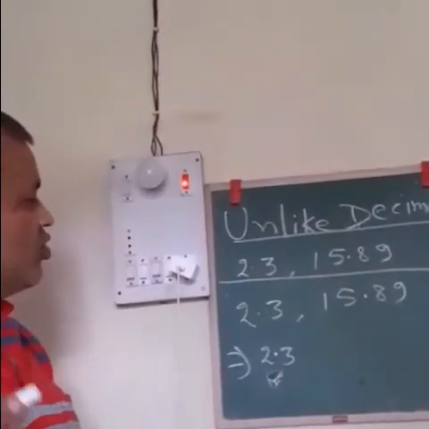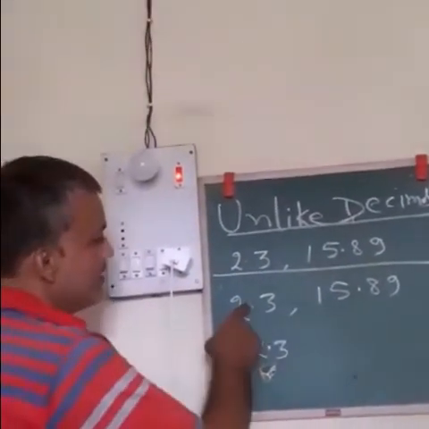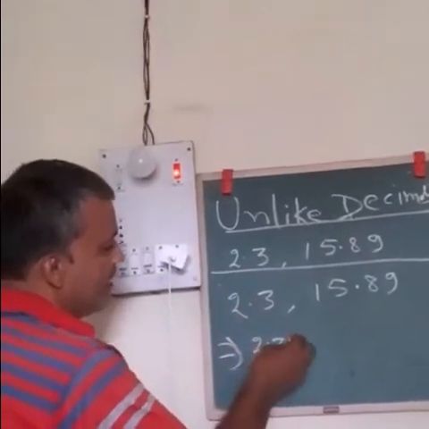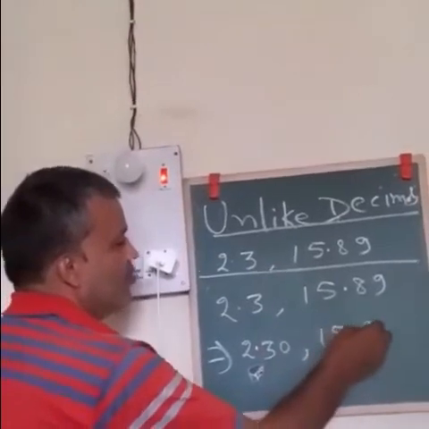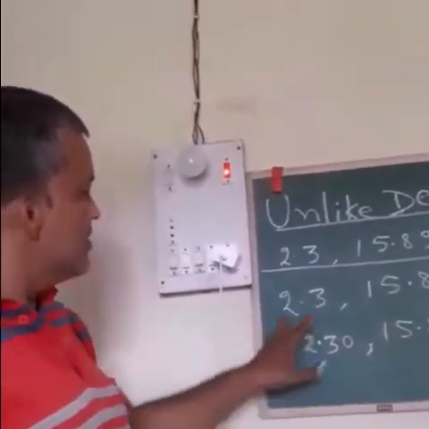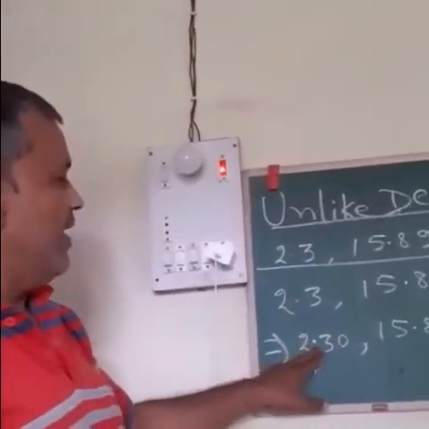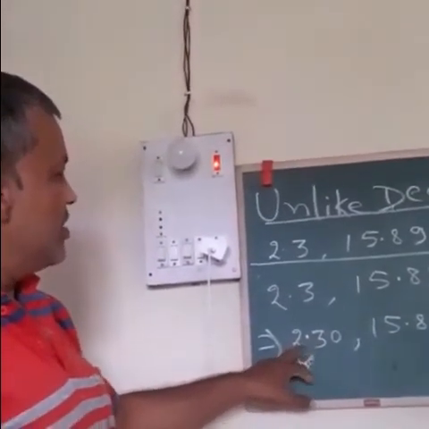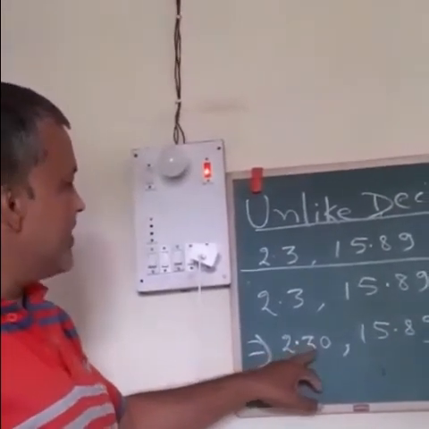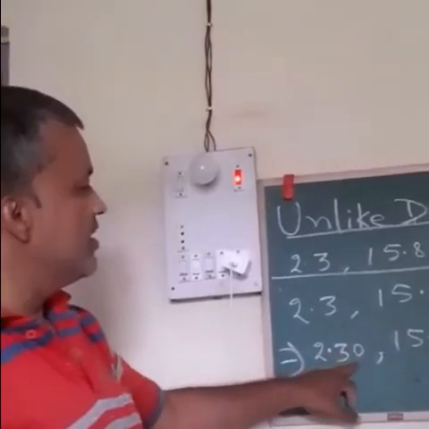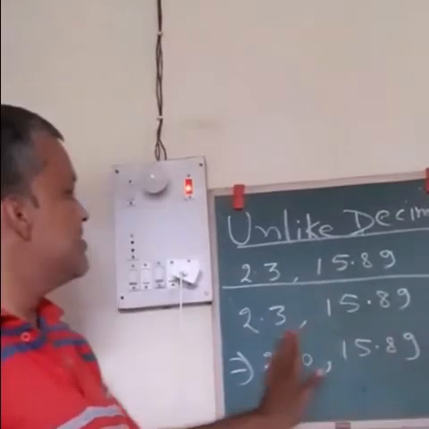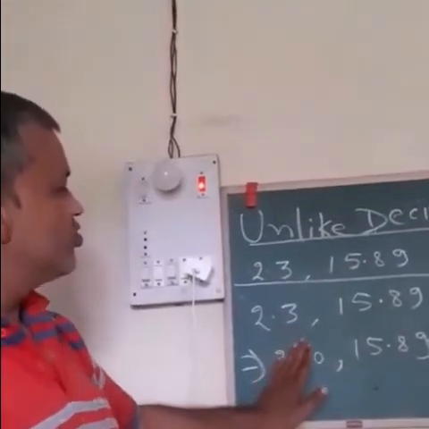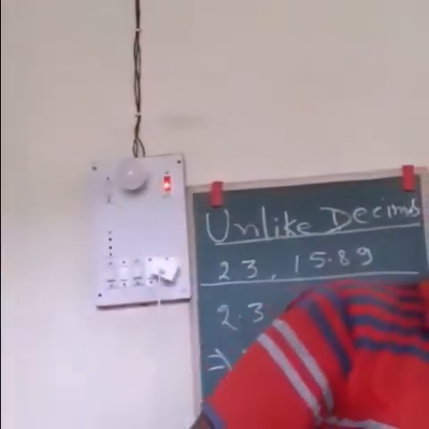So the greater is 2. So we convert it into an equivalent decimal by putting a 0 here. We see now this and this are equivalent. So now there are 2 digits on the right side of the decimal here and 2 digits on the right side here. So this is now changed into like decimals.